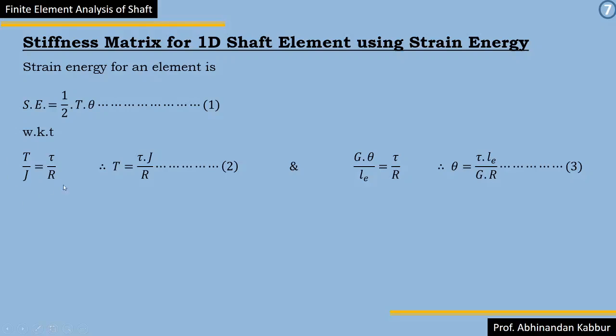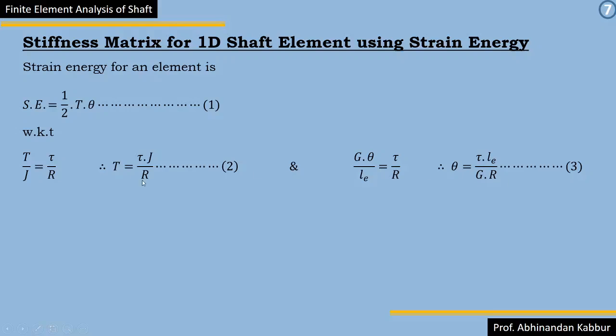Using this relation, we can find T is equal to tau into J divided by R. In the torsion equation we have one more relation, G theta by Le is equal to tau by R, where G is the modulus of rigidity, theta is the angle of twist or angular displacement, Le is the length of the shaft, and once again tau is the shear stress and R is the radius of the shaft. From this relation we can take out theta, the angular displacement. Therefore theta is equal to tau into Le divided by G into R.